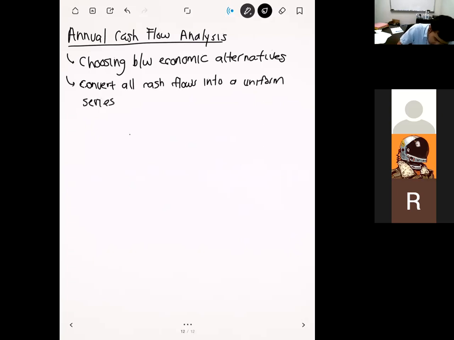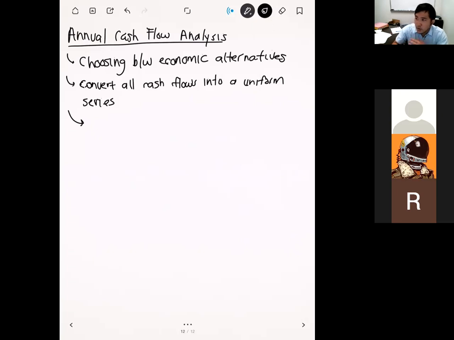Okay. And so one big advantage that annual cash flow analysis has over present worth is that it works really well for cases where the product lives don't match up, right? If you remember from present worth analysis, if you had a situation where you're comparing two options, but their product lives may not match up together, you had to do a little bit of extra work where you had to extend the lives until you reach a least common multiple between them.